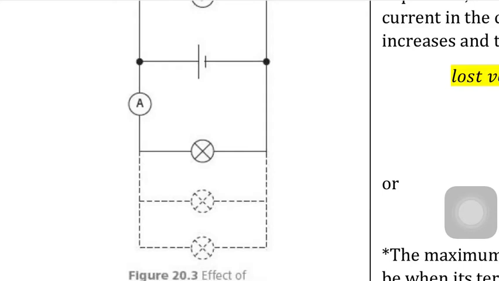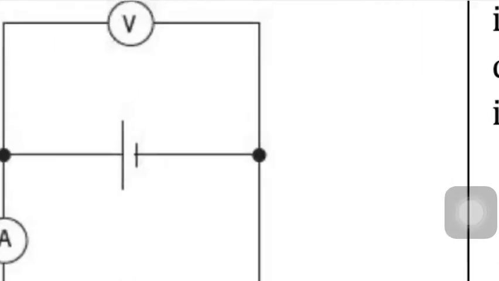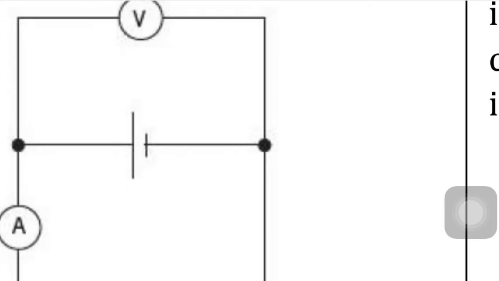And when the current increases, the internal resistance remains the same, so the potential drop across the internal resistance is going to increase, while the total energy produced by the battery, the EMF, remains the same.